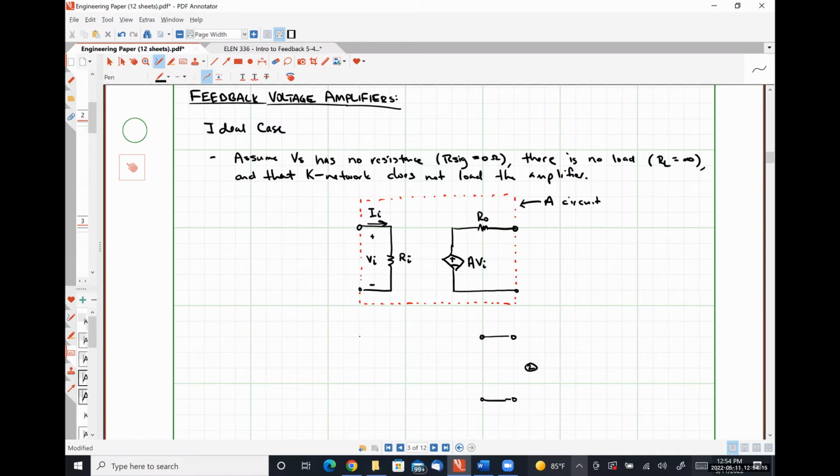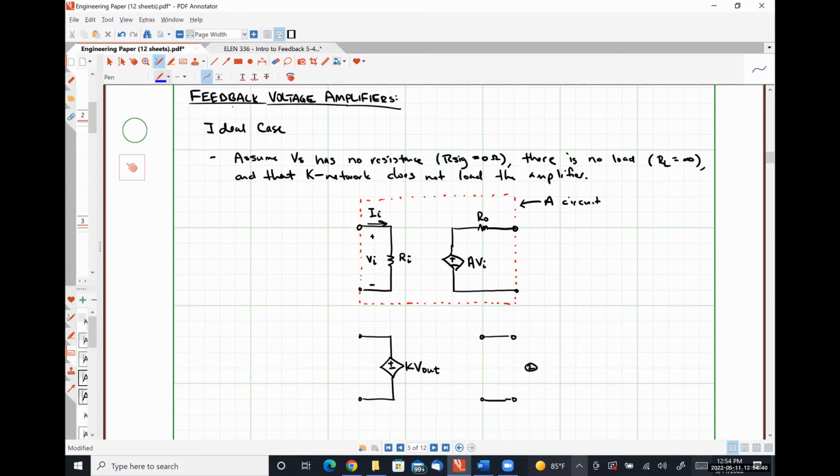On the opposite side, I'm going to represent my feedback network with a voltage controlled voltage source having a value of K times V out.